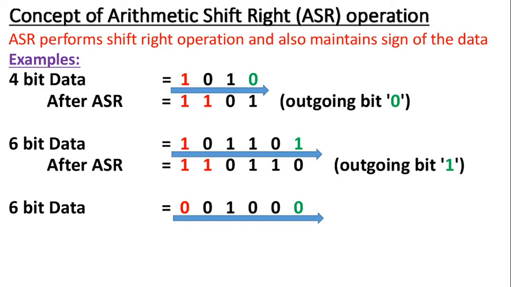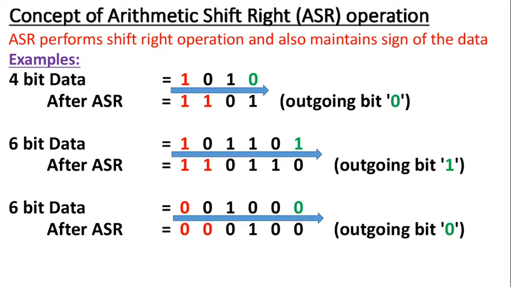So here below this arrow is the result after ASR, arithmetic shift right, which will be 000100, and the input data's LSB bit, which is shown in green color, will be the outgoing bit. That bit falls out.